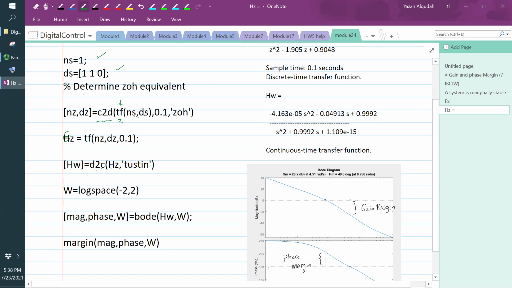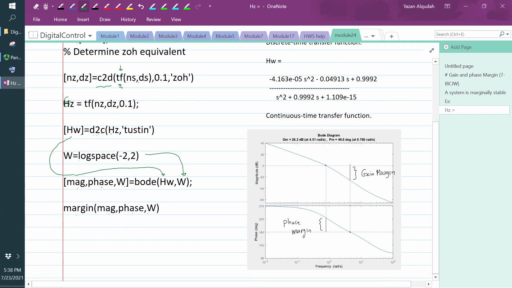The Bode plot uses HW that I calculated here and the frequency that I can generate from here, and this gives me magnitude, phase, and the frequency W. Then I can run margin with magnitude, phase, and W. It will generate these two graphs for me, and it will also give me the value of the gain margin and the phase margin.